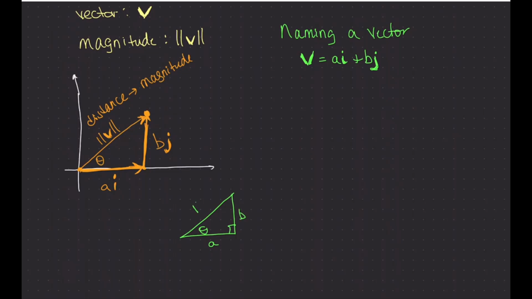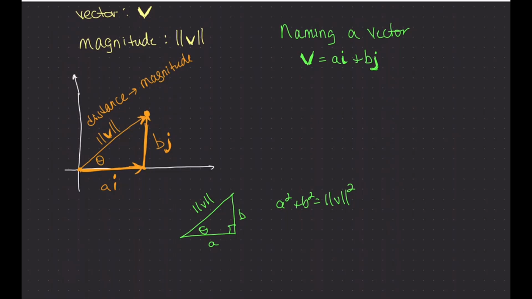And we know that this was our magnitude. Because we have a right triangle, is there a theorem that we know that we can use to solve the three sides of a triangle? The Pythagorean theorem, right? a squared plus b squared equals c squared. So for us, we would have a squared plus b squared equals our magnitude squared.